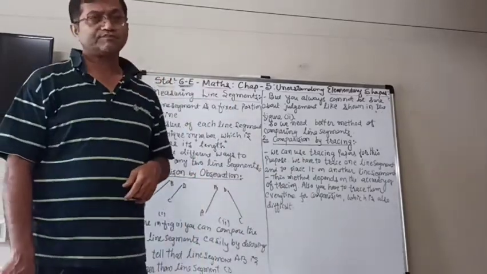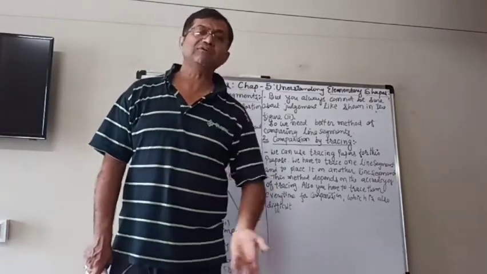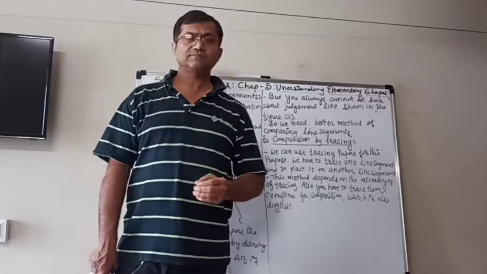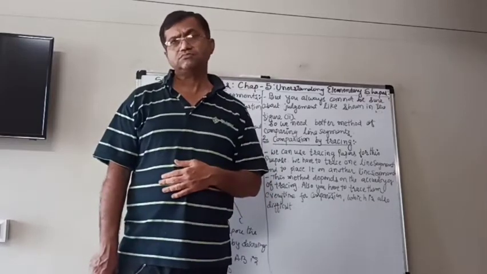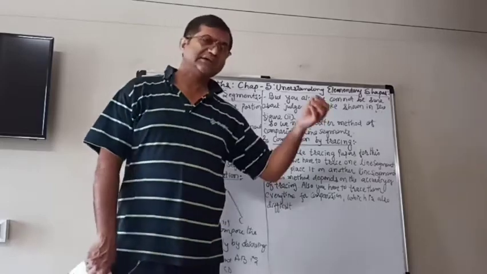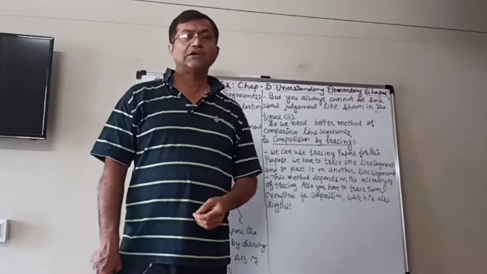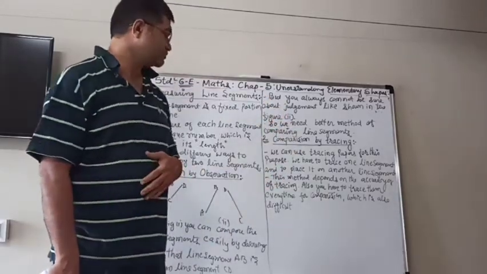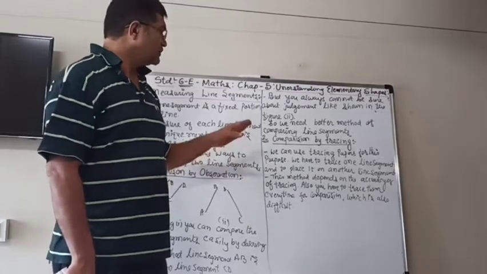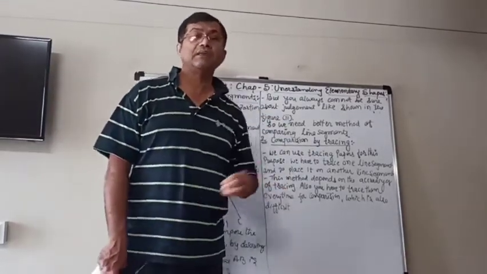Similarly, every time you want to compare, you have to trace different line segments and then put the trace on the other one. If you want to compare another one, you have to trace again. So it is very difficult, and that is also not a comfortable method.